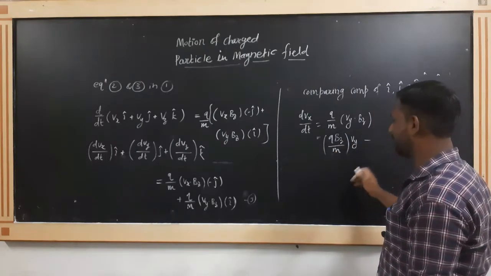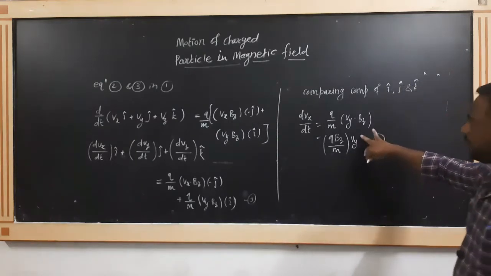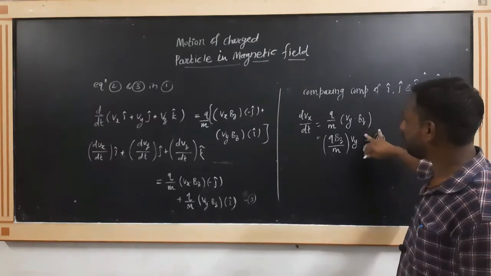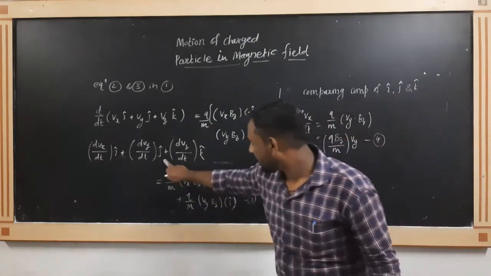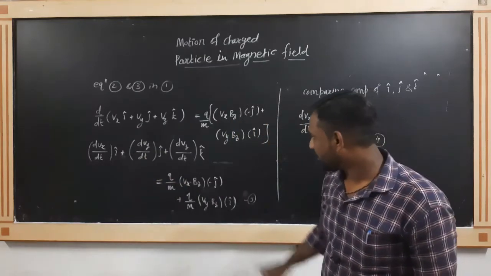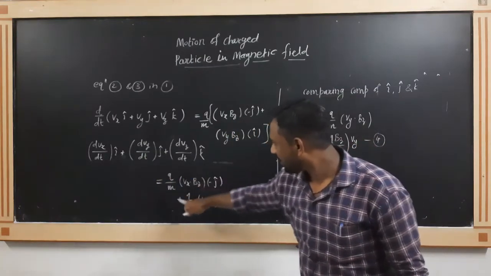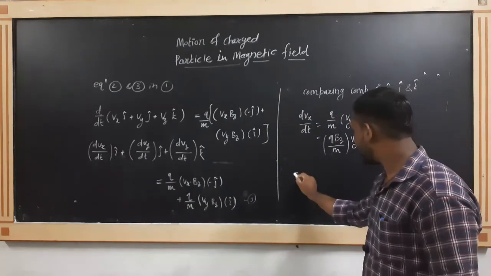Let's say this is equation number 4. This is if you compare the I component on both sides. Similarly for the j component, we have dvy by dt on the LHS, and a negative quantity on the RHS.